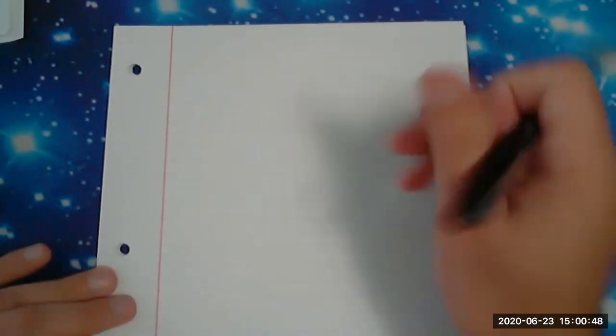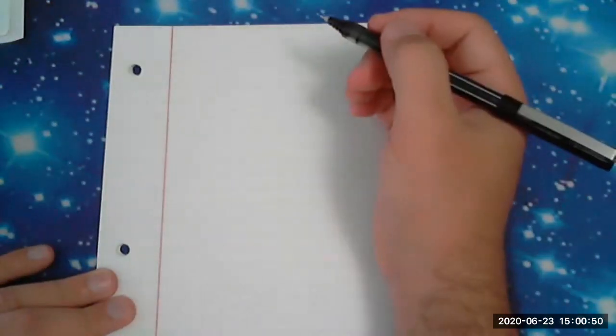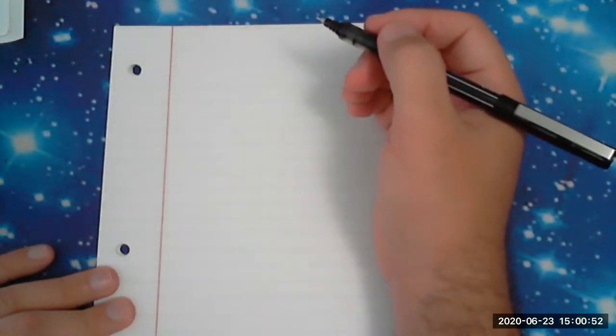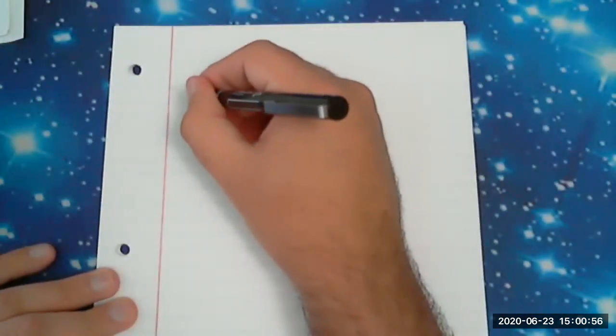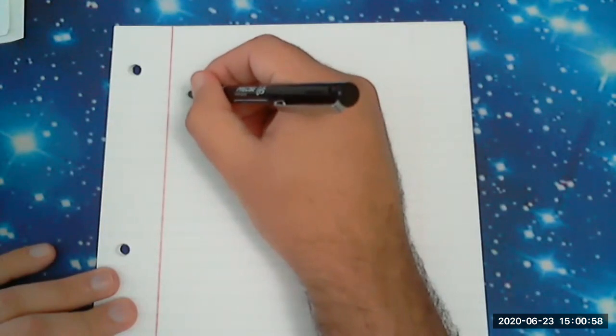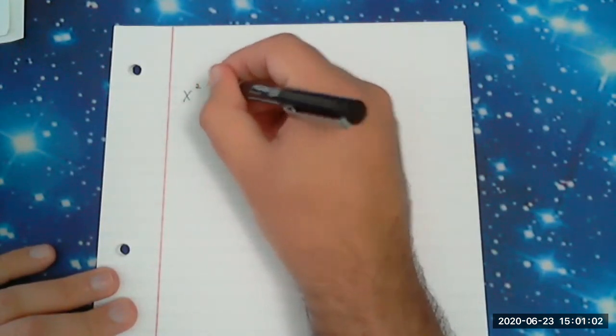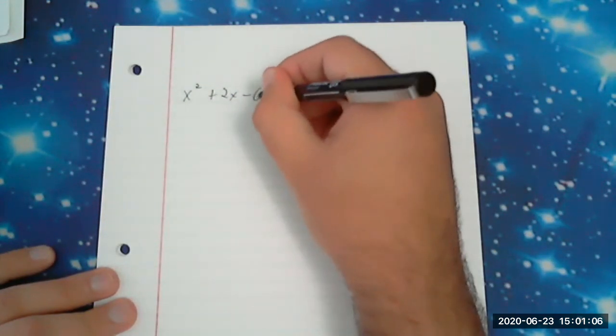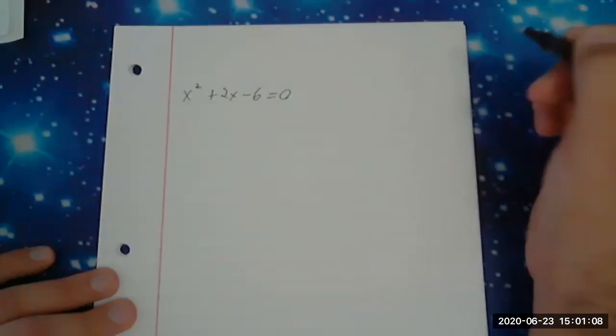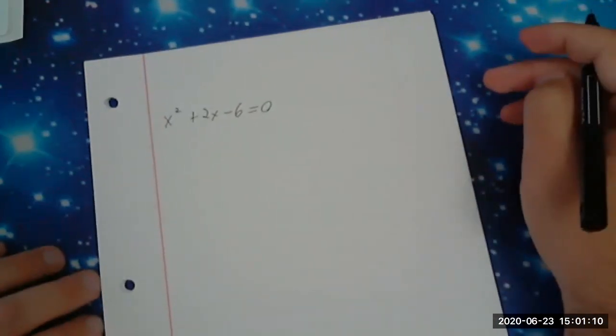I find myself using this a good bit. But you can't always just neatly, easily factor problems. So let's take this one. x squared plus 2x minus 6. Okay.